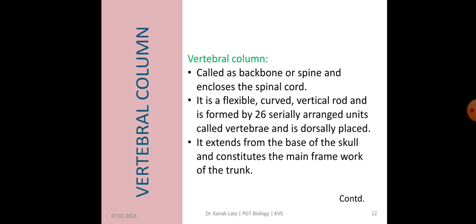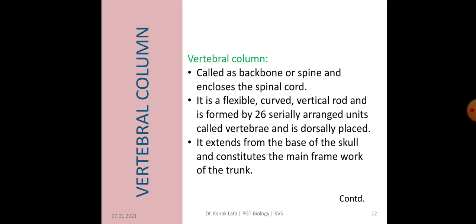Now the next topic of today's session is the vertebral column. Vertebral column is also called backbone or spine. It is a flexible curved vertical rod formed by 26 serially arranged units called vertebrae, and it is dorsally placed. Though it is altogether 33, the 5 sacral vertebrae are fused and the 4 caudal vertebrae are also fused.